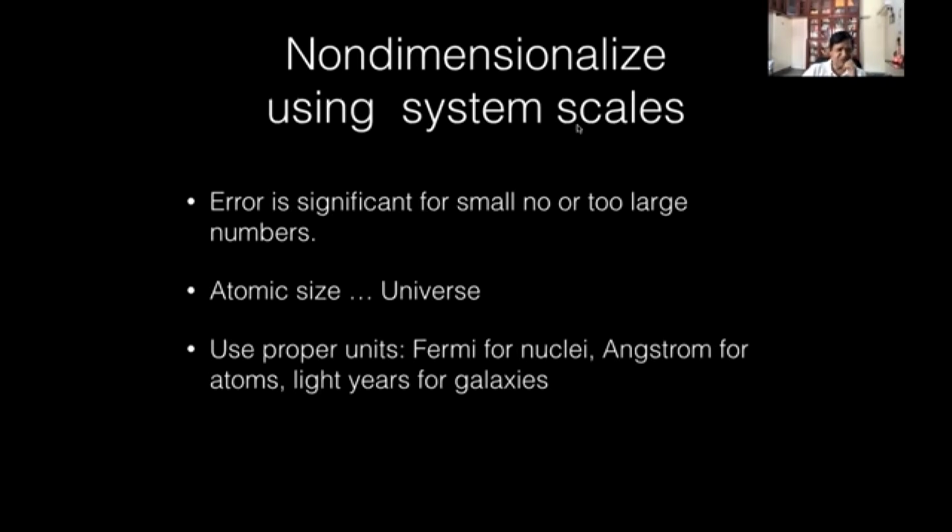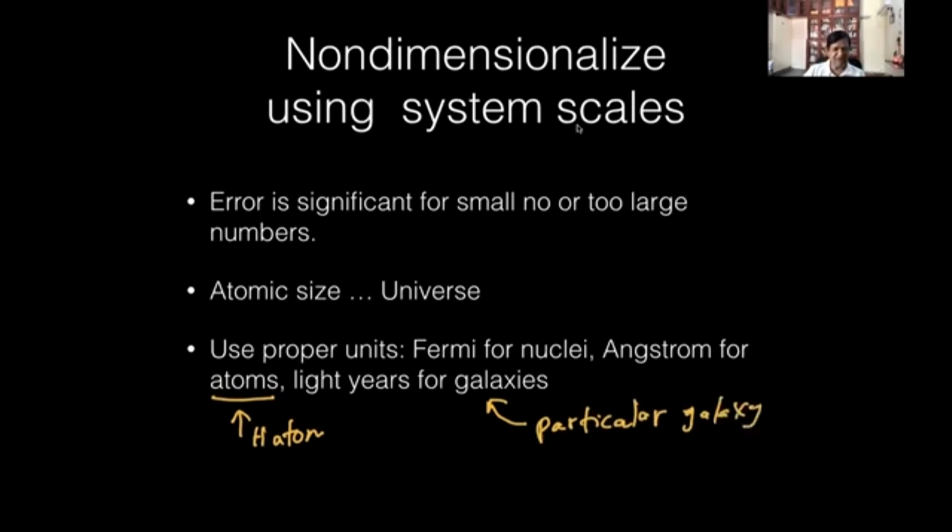Okay, so proper units. So you say Fermi for nuclei, angstrom for atoms, light years for galaxies, or you can go even further. For length for atoms, I may choose the hydrogen atom. Okay, for galaxies, we can choose one particular galaxy, and the size of that galaxy can be chosen as a length scale for your astrophysics work.